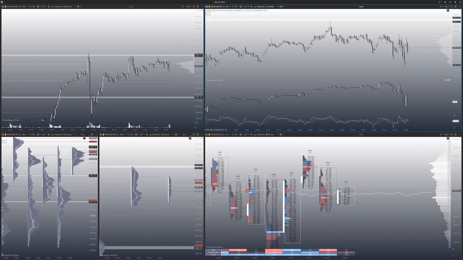Tomorrow we look at the markets, only 2 or 3 markets, and then I explain exactly my setup, absorption and also reversal.